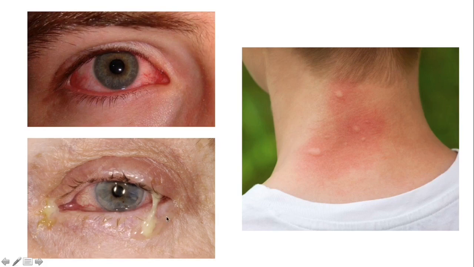So this is conjunctivitis, or inflammation of the conjunctiva of the eye. And on the right side, I'm sure you have experienced this before, where you got this redness and a little bit of bumps and swelling due to mosquito bites. So these are examples of manifestations of inflammation.